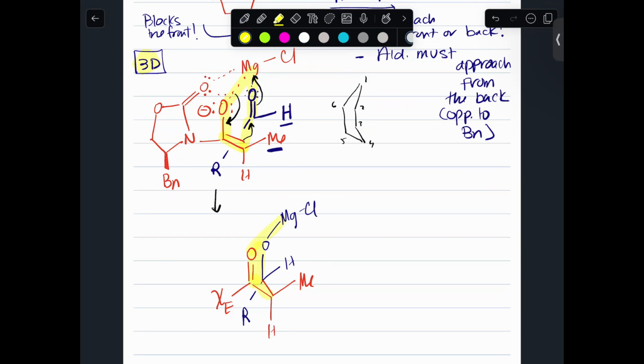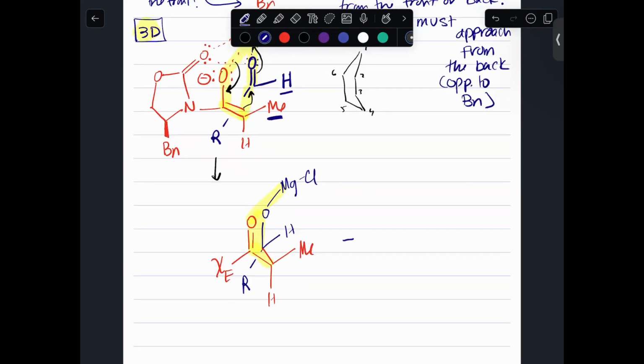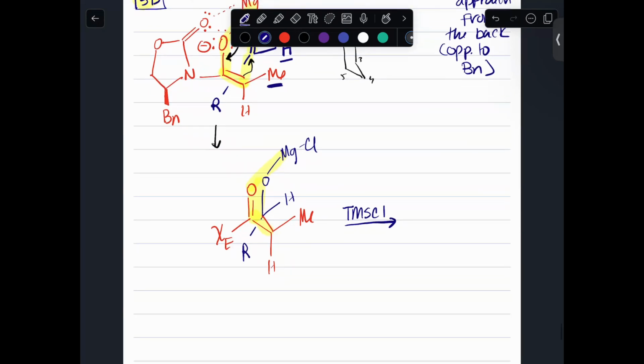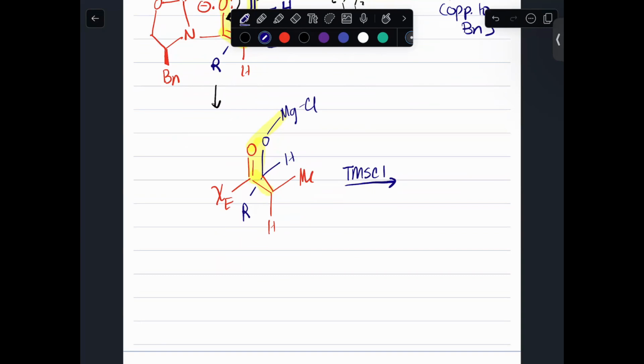Now what I'm going to do is, remember, we have TMS chloride present. So the minute that it attacks the carbonyl, it also protects the oxygen that I just formed. So I'm just going to redraw it. Let me move this a little down and give myself some space.